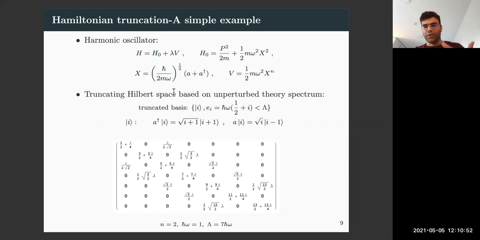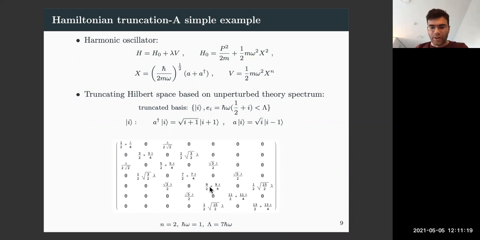So we introduce some cutoff lambda, and we just take the truncated basis to the states that have energy smaller than lambda. For example, here I take lambda to be 7 h bar omega, and I set h bar omega here to 1. And that means that you have the states that have mode 0, 1, 2, till 6. So you have 7 states.